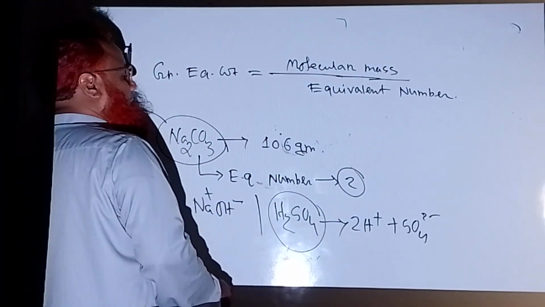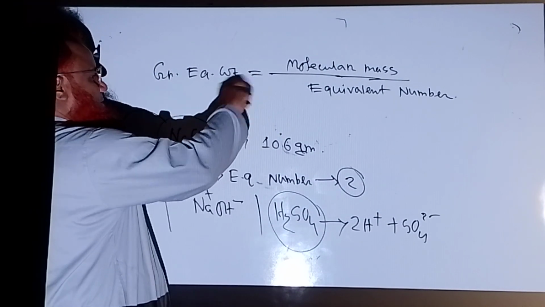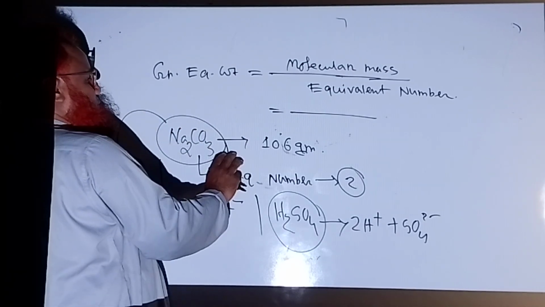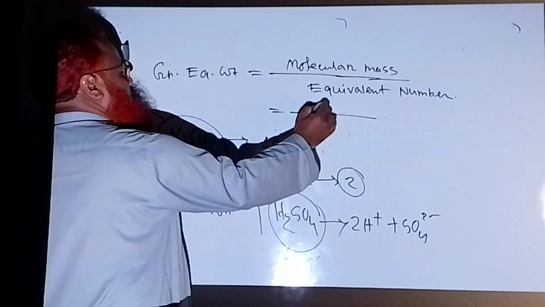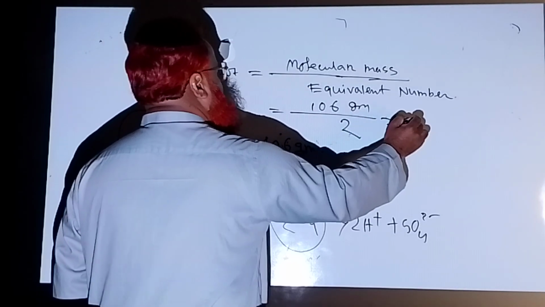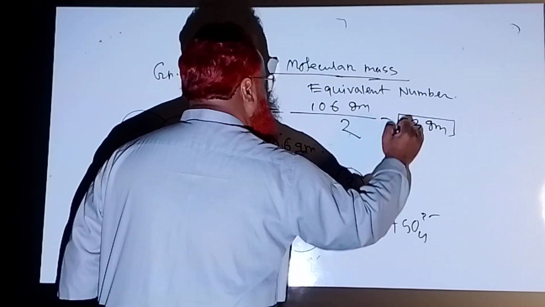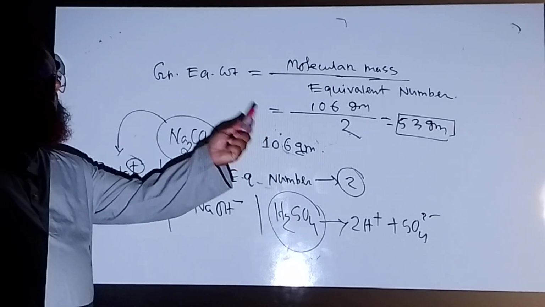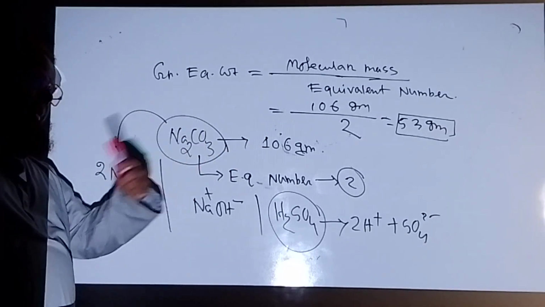So, if we use this formula, then what will be the gram equivalent weight for sodium carbonate? So, 106 gram, equivalent number is 2, that is what, 53 gram. So, very simple, gram equivalent weight of sodium carbonate is 53.